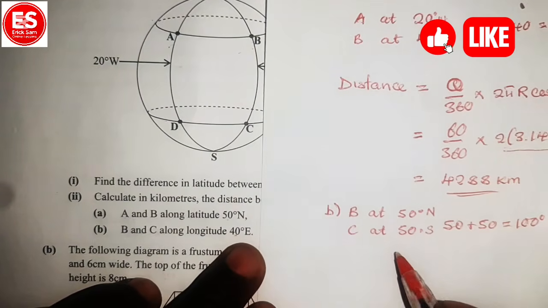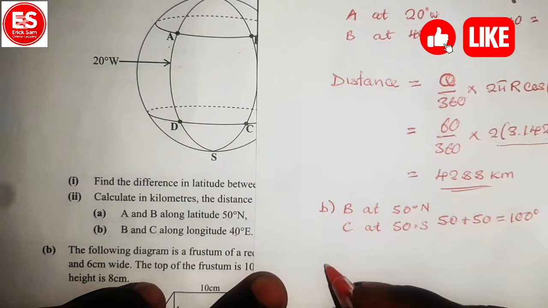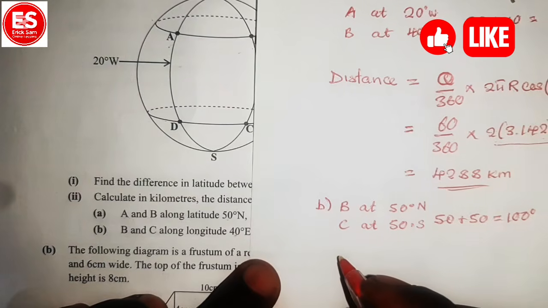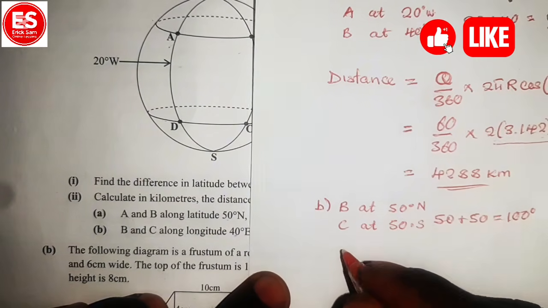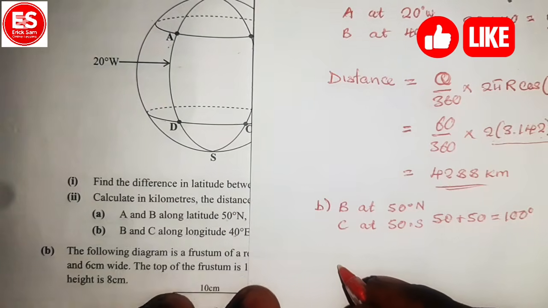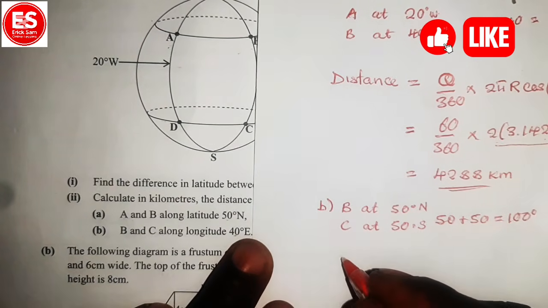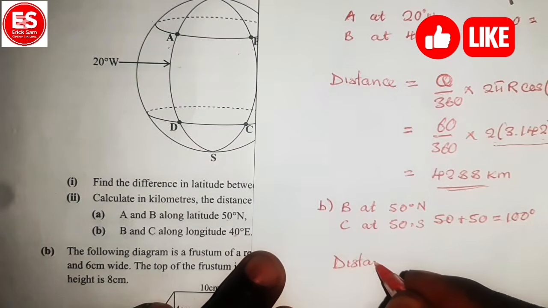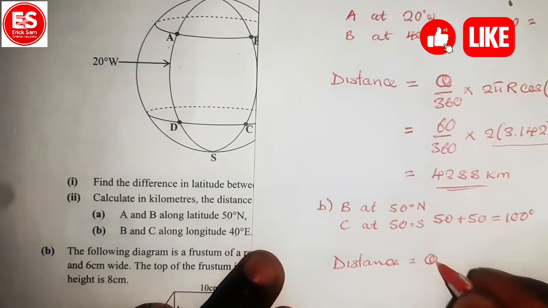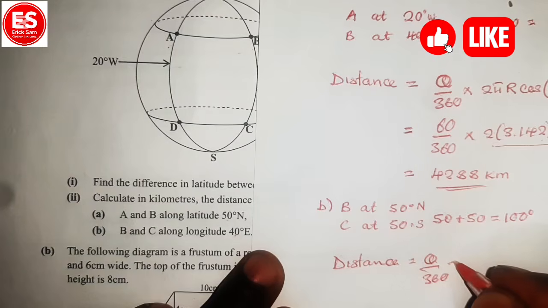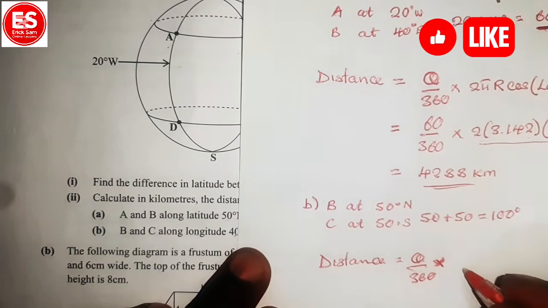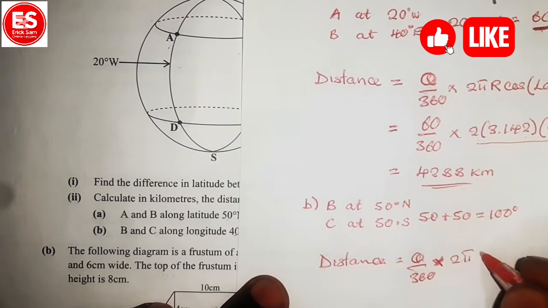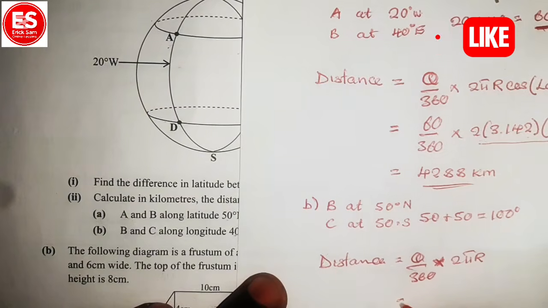Now we want to find the distance. The formula for finding the distance when you're using the longitude is distance equal to theta over 360 times 2 pi r. We can just substitute.